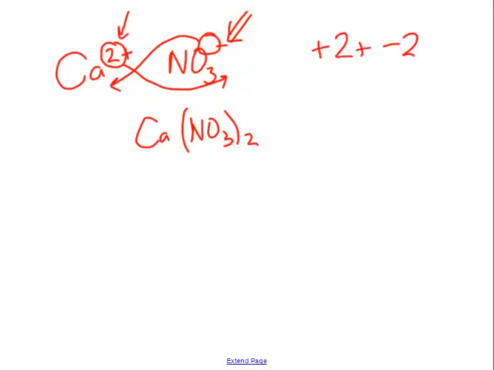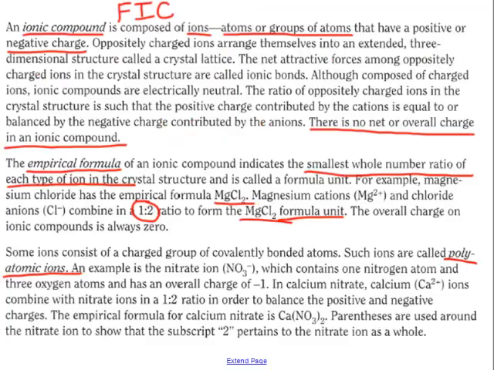So together you get a charge of 0, which is very stable for any compound. So the empirical formula for calcium nitrate is shown right here, and the ratio would be 1 to 2. That would balance the positive and the negative charges.